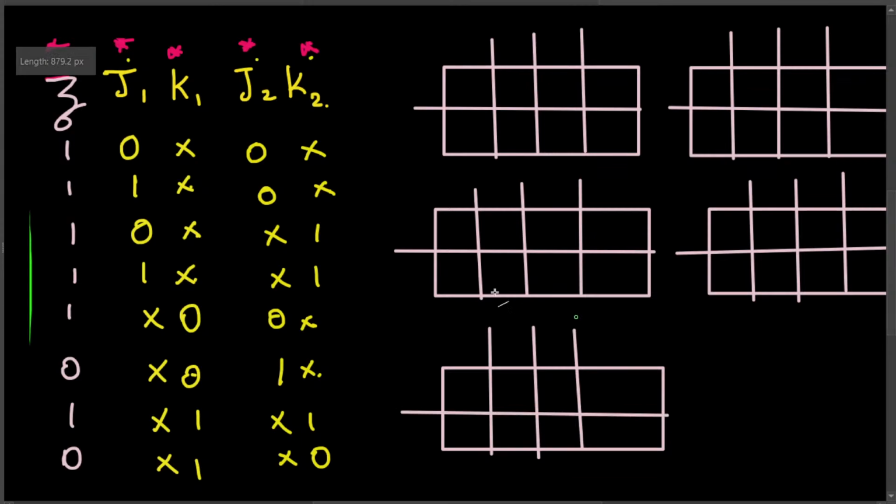Okay, now we have 5 K-maps ready. Let's put the variables. Variables is basically Q1, Q2, and then the X. That's the input.